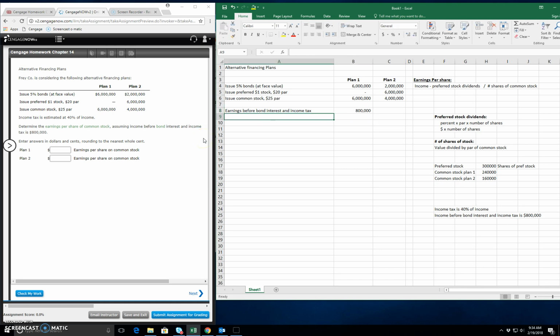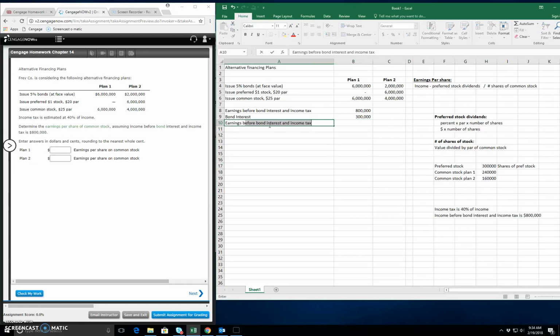The first thing we'll subtract from that is bond interest. In this first plan, we are planning to give out $6 million worth of bonds at a 5% interest rate. So our annual interest will be 6 million times 5%, so the interest expense will be $300,000.